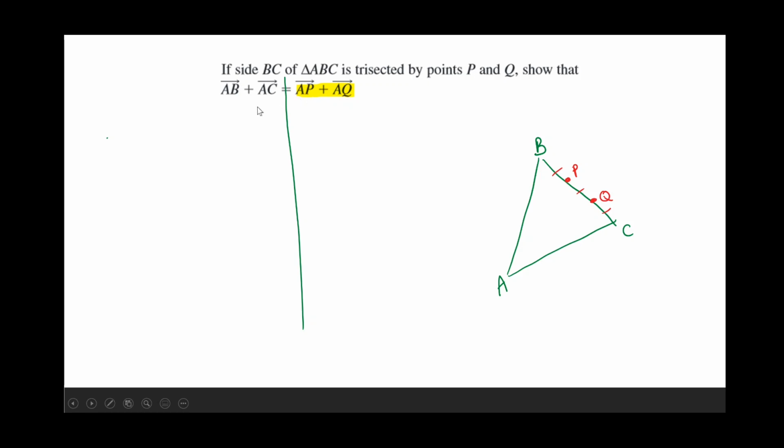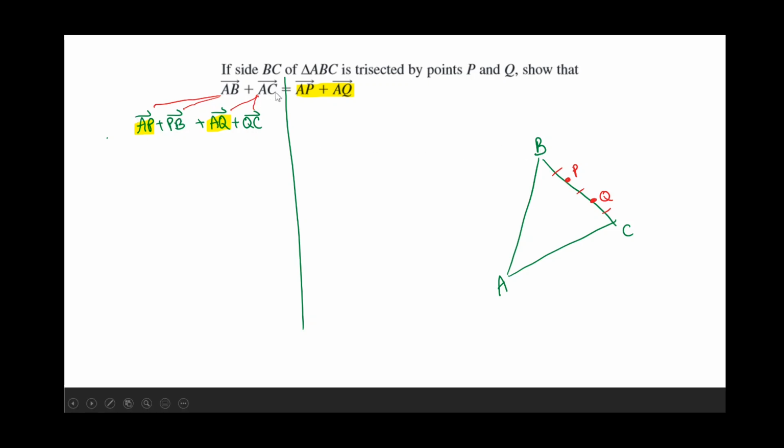So first, we can say AB, if I were to uncollapse it using point P, instead of going from A to B straight, we'll go the long route. We'll go from A to P, then P to B. That's the same thing as going from A to B straight. So that's this part.